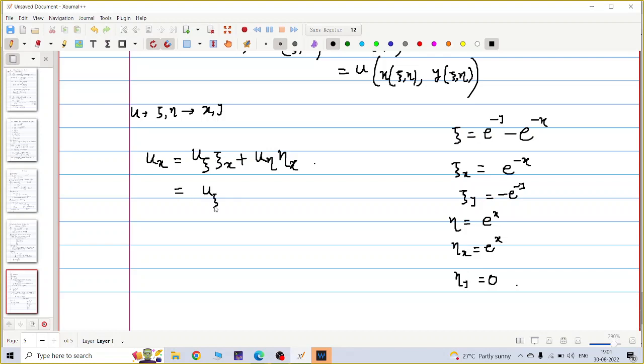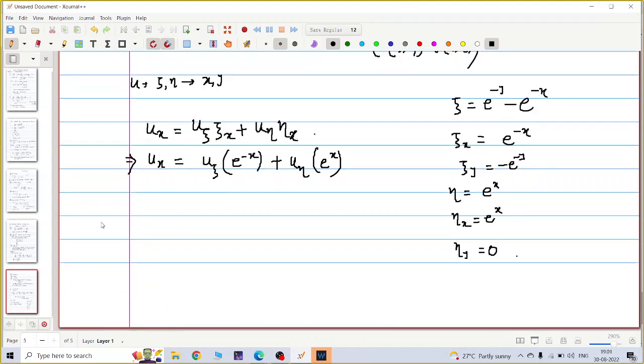Yes, sir. Okay, u_xi, so xi_x is e power minus x, plus u_eta into eta_x, which is e power x. So I found u_x. Now I have to find u_xx, the differentiation of u_x with respect to x again.